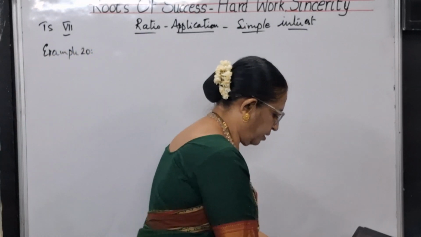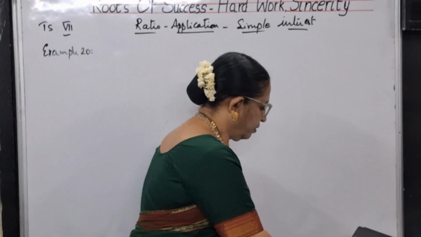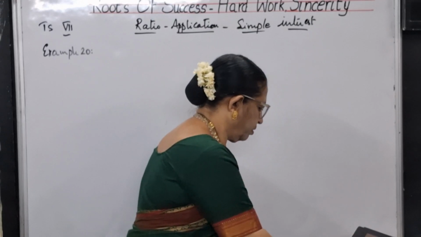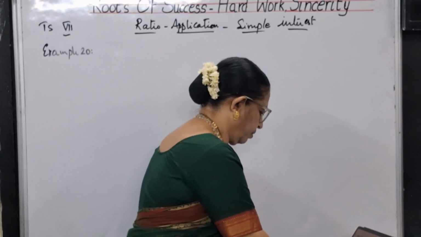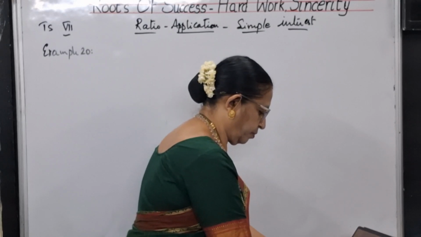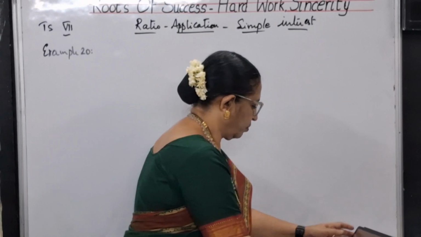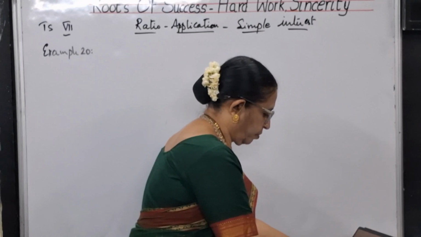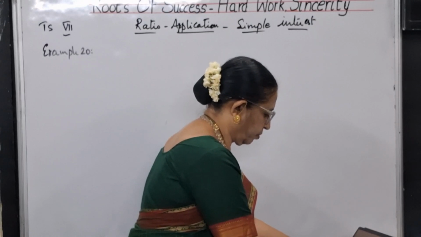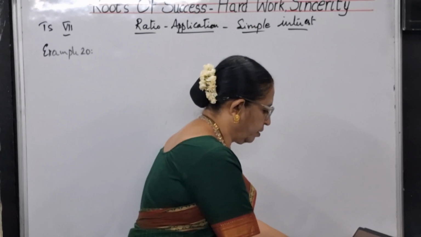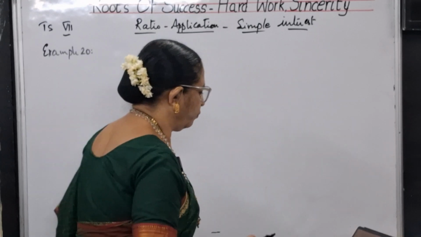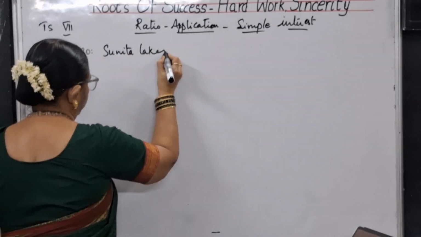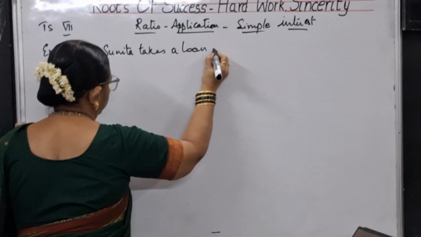Let me see what example 20 deals with. Sunita takes a loan of 5,000 rupees. It is like this.